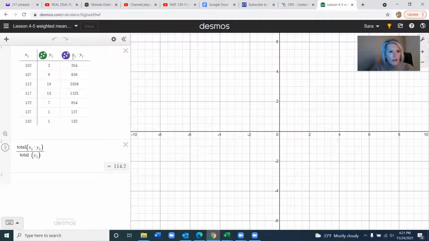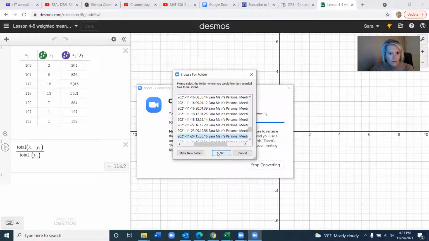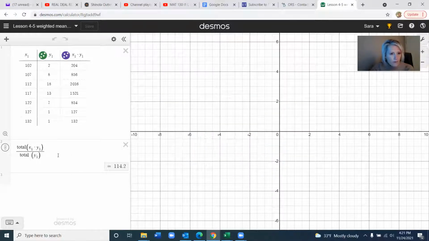I said multiply column 1 times column 2, and it did that for me. And then down below, I can say total up the X1 times Y1 column, my multiplied values, and then divide by the total that are in Y1. That would be my total count, my total frequencies. And that came out to be 114.2.